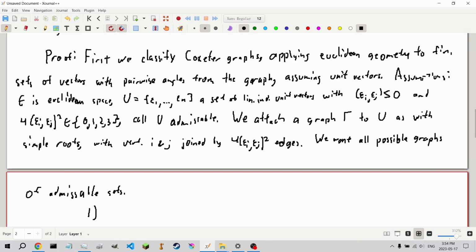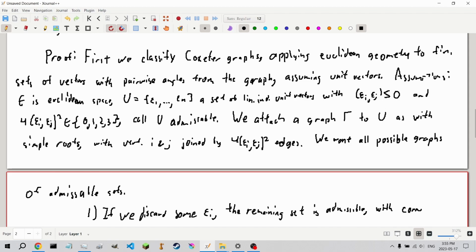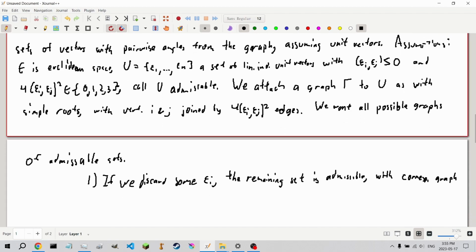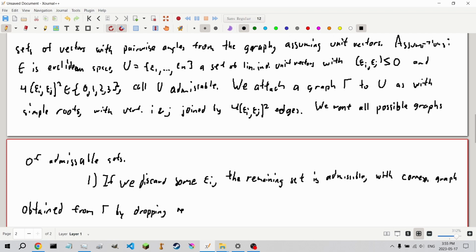So, step 1. If we discard some of the e_i's, the remaining set is still admissible, with corresponding graph obtained from gamma by dropping the relevant vertices and edges.